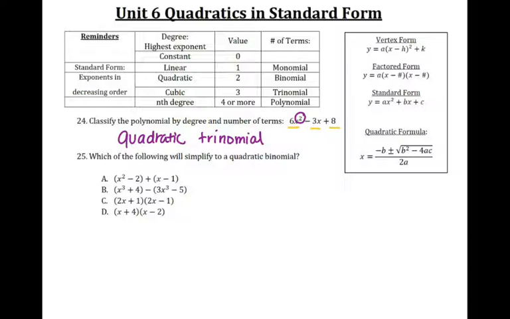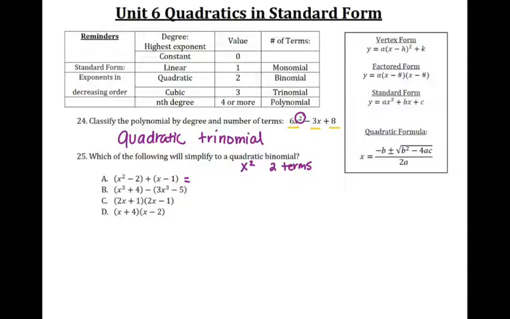Okay. Number 25, which of the following will simplify to a quadratic binomial? A quadratic means my degree is 2, which means I'm going to have an x squared. And a binomial means I'm going to have 2 terms in the final result. So for all of these expressions, I do need to simplify them. For letter A, I'm adding my like terms together.